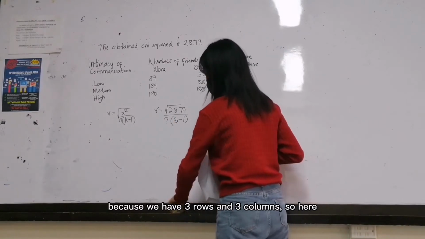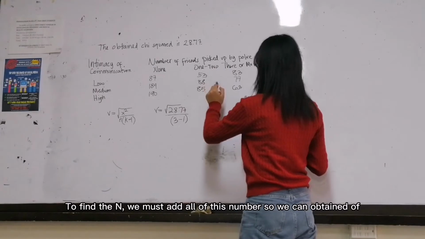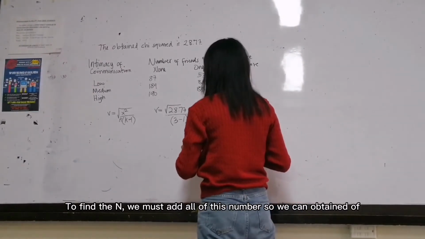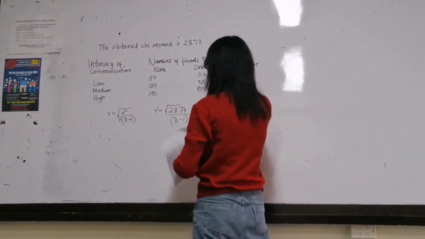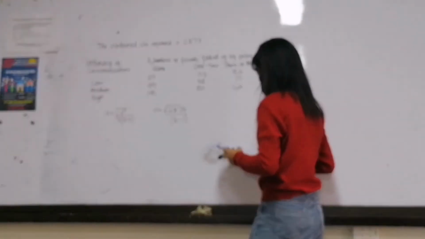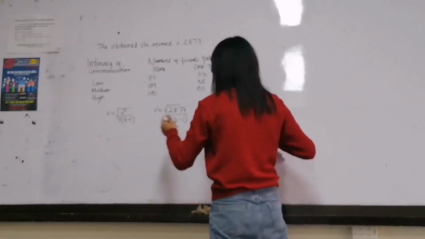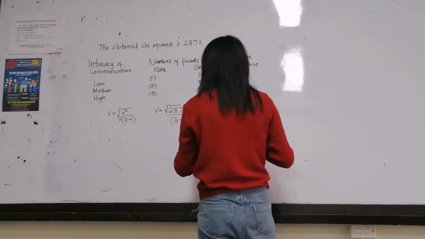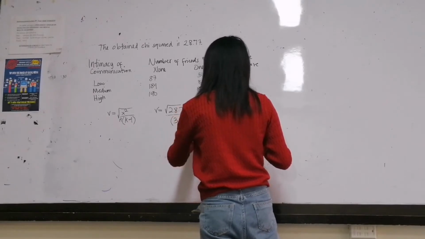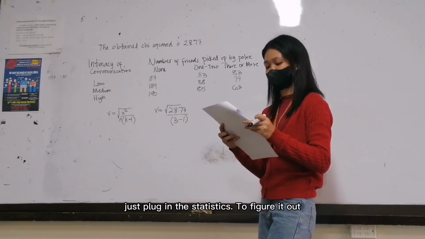To find the n, we must add all of these, and we obtain 910. To get the Cramér's V, just plug in the statistics to figure it out.